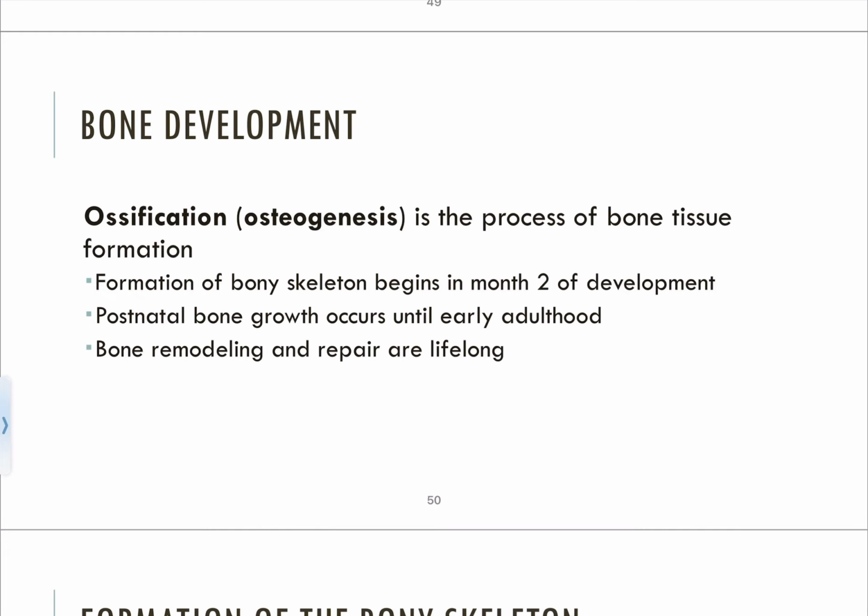So we don't actually begin making osseous tissue from our cartilage until about month 2 of development. And then we continue to have postnatal bone growth until early adulthood, depending on your age. I'm sorry, your gender. And then we have bone remodeling, so breakdown and build up constantly throughout our lifetime.